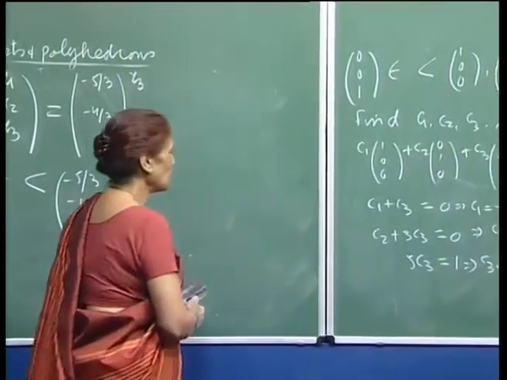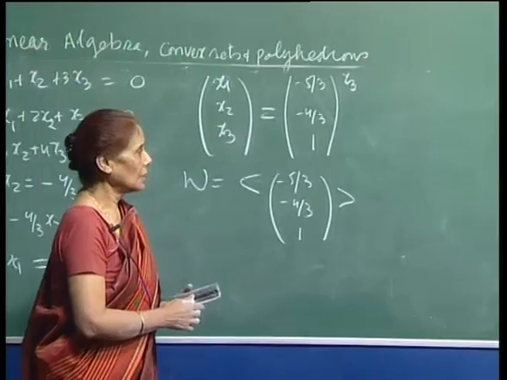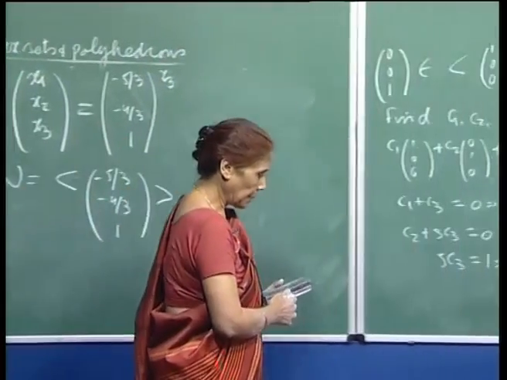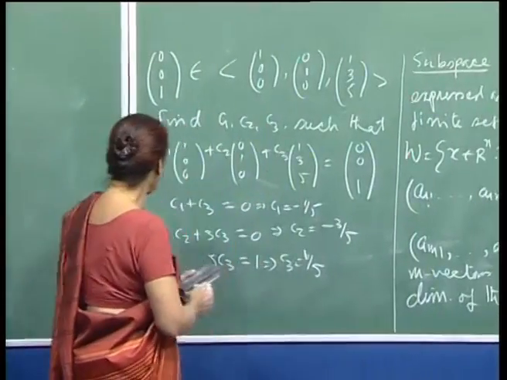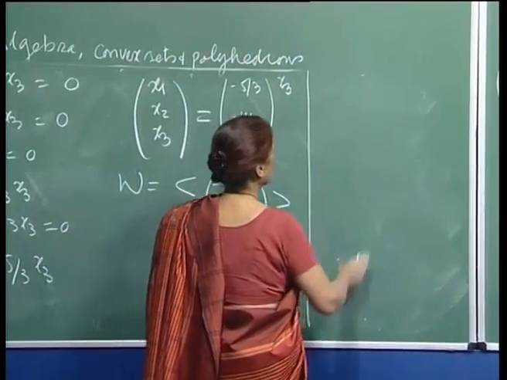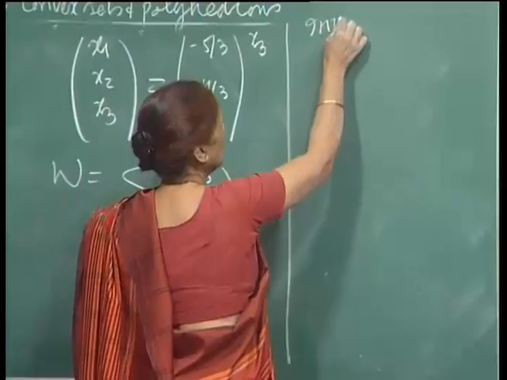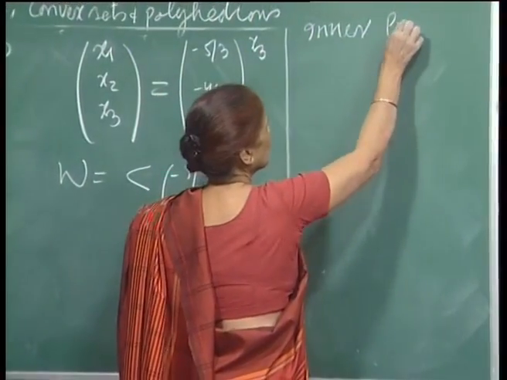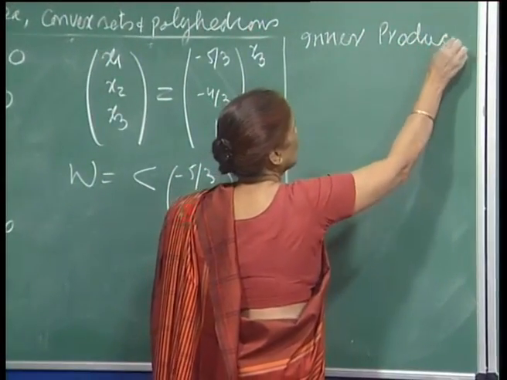Now I can equip something more to Rn to make it a more useful space, and that is the inner product, which you have already been using up to R3.